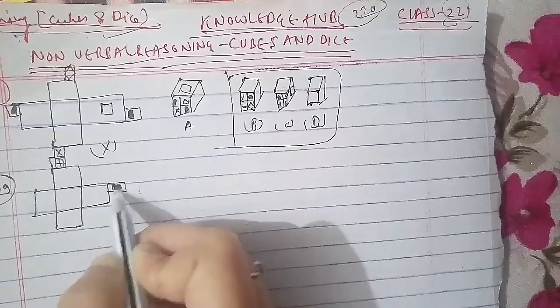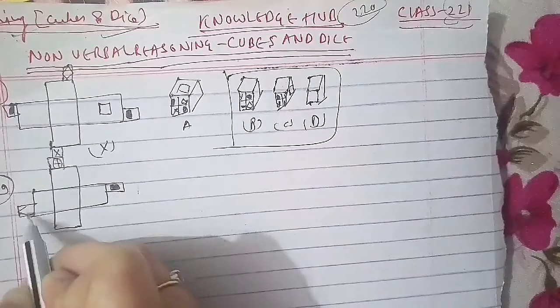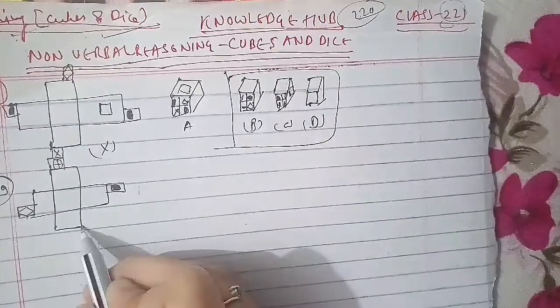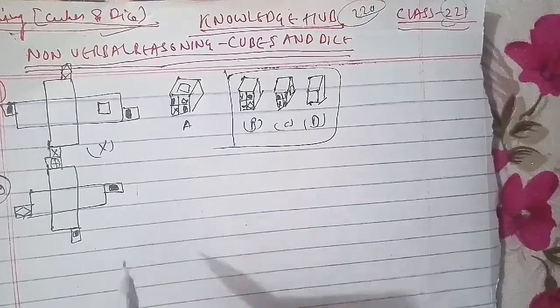We have options A, B, C, D. The options are A and B only, B and C only, B only, and A, D only. We have to find out the answer for this one.